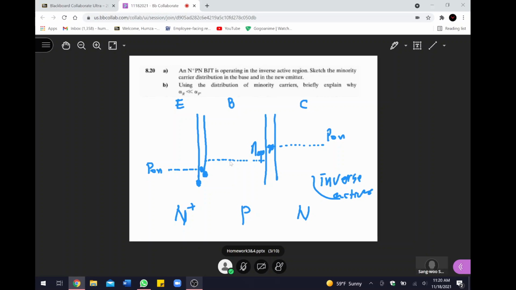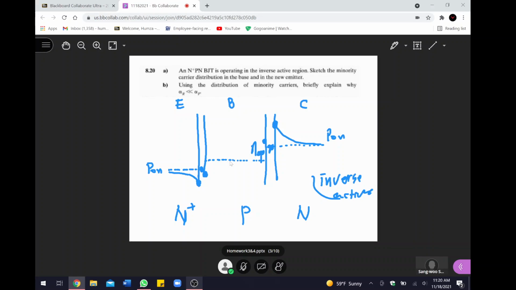Base and collector is forward bias, so it will be located here. Naturally, as you go into the deep layer, you have this kind of distribution in the emitter side and collector side.